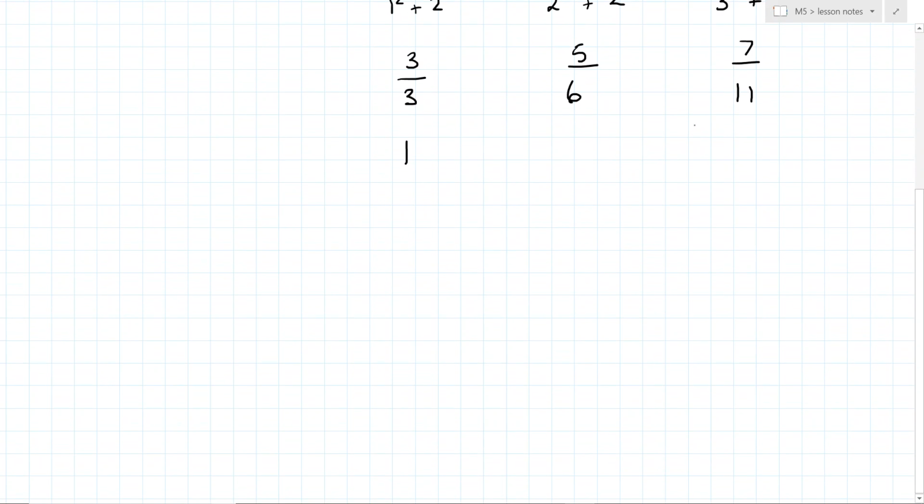Okay. So, for instance, if I gave you a sequence as 3 over 5 as the first term, right? And then I'm going to give you 7 over 10, then 11 over 26.